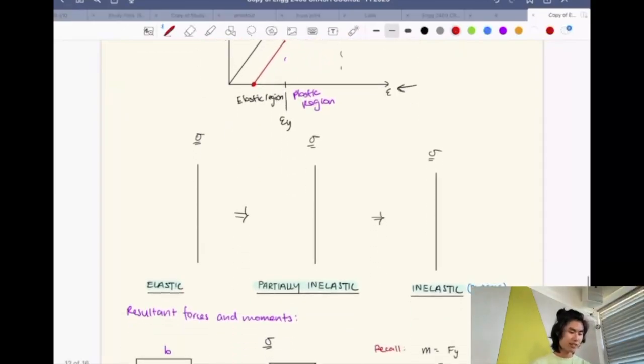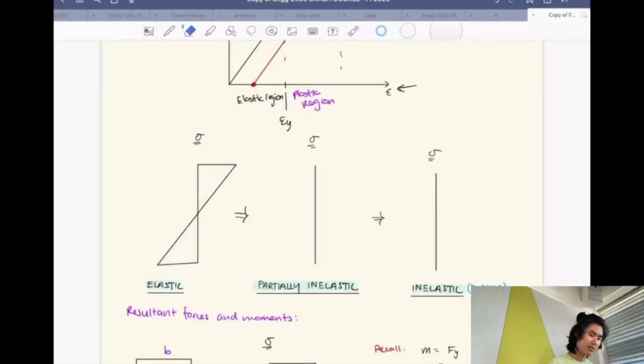Okay, so let's think about elastic, partially inelastic, and inelastic materials. In terms of steel, when it's elastic, we have our usual stress distribution. It will look something like this, where let's just say this is tension, because I'm used to that, and that's compression, right?